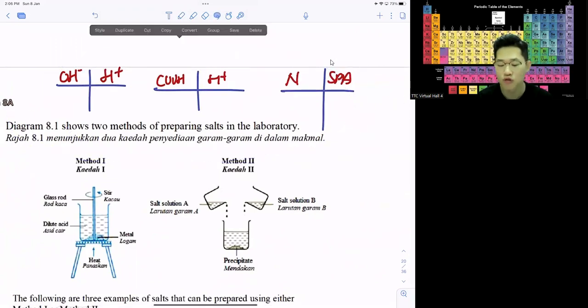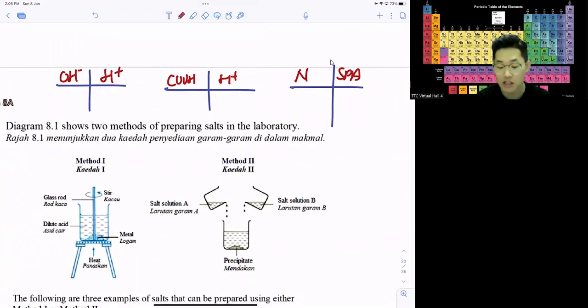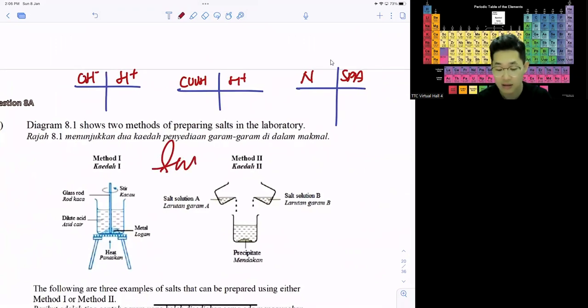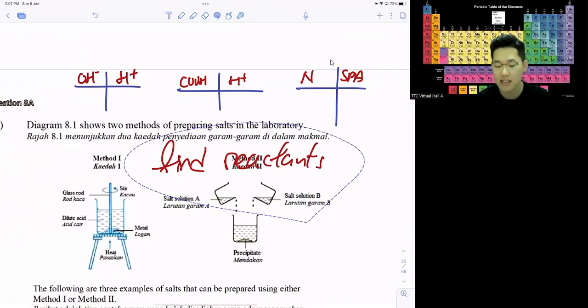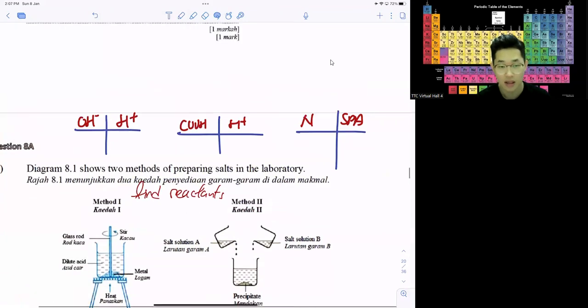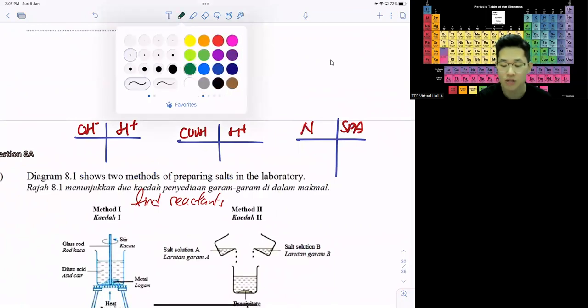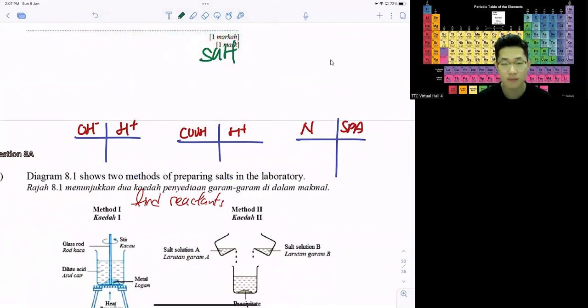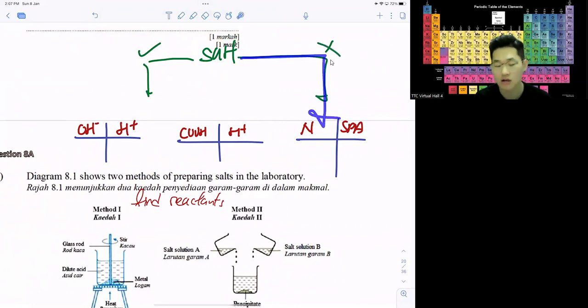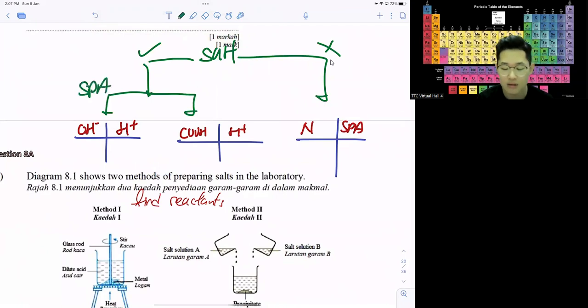These crosses are used to find the reactants. 十字架是用来找材料的。Okay, how to know which cross to be used? 用什么 cross 呢？ First you have to ask yourself, is the salt soluble or not soluble? If it is insoluble, we use this cross. Soluble, we use the 2 on the left. And then you have to see whether the soluble salt has spar or not.